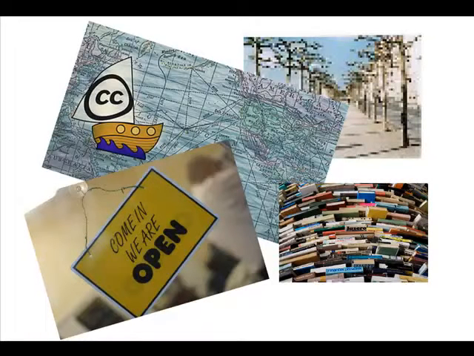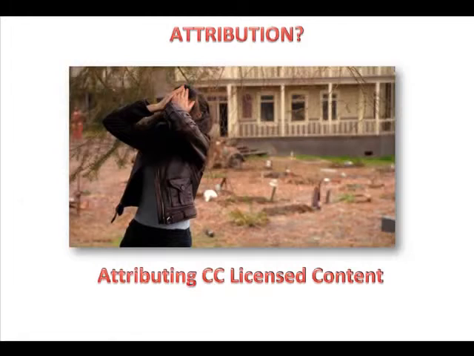All right, so you've gone out there, you have searched the web, you have identified this unbelievable openly licensed content, and you are so ready to start incorporating it into your course. You've got to attribute all of this.